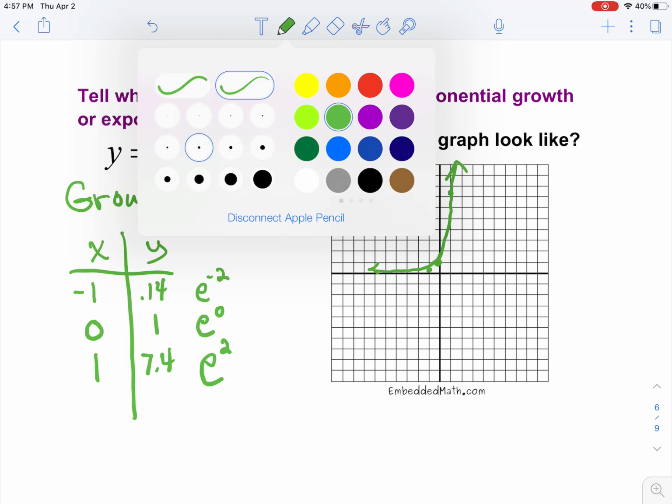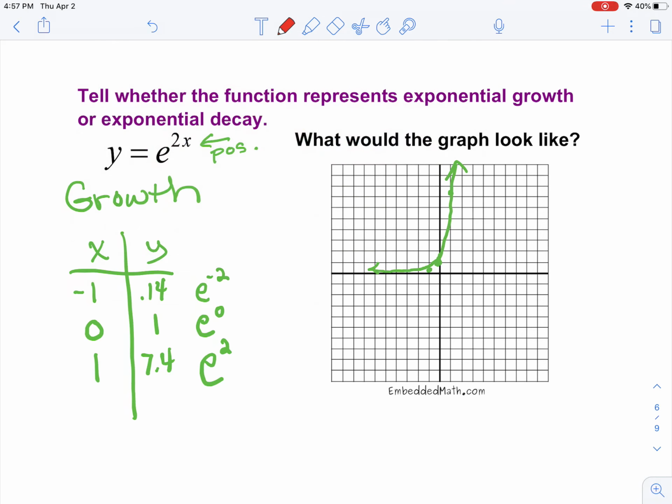Now, let's go back and look at some of the values. Remember, with y equals a times b to the x, this a is our initial value. So your first point is going to be (0, a).